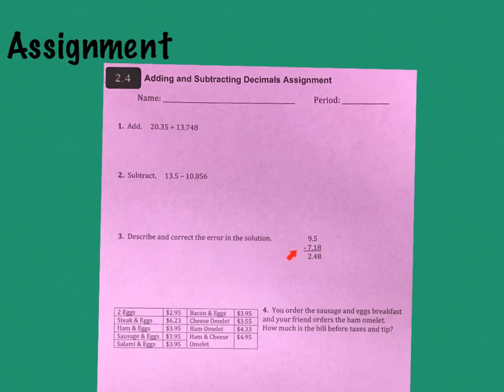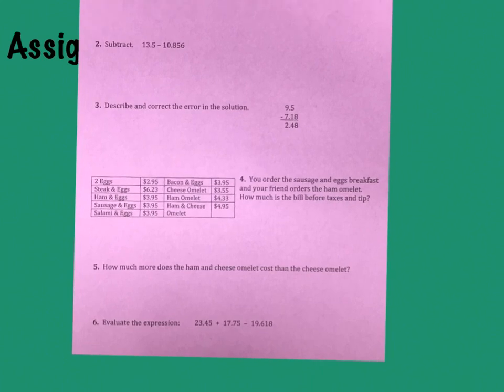And then this one, you're looking for what they did wrong. I'm going to give you a hint. It has to do with this space right here. So make sure that you look at that and then write down in words what they did wrong. On this one, you order the sausage and eggs breakfast, and your friend orders the ham omelet.